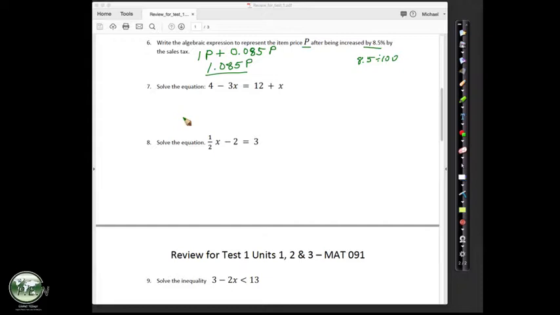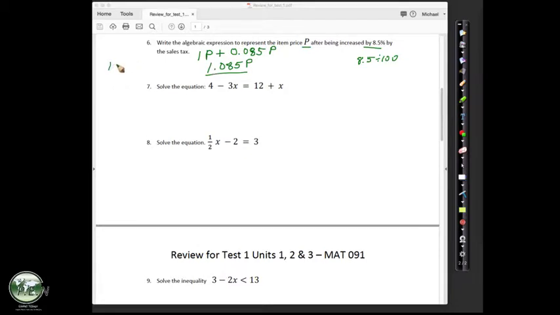Okay. Now, for the same problem, what if we had a discount, like a 30% off sale? How would we do that? Subtract it from 100. Excellent, yes.